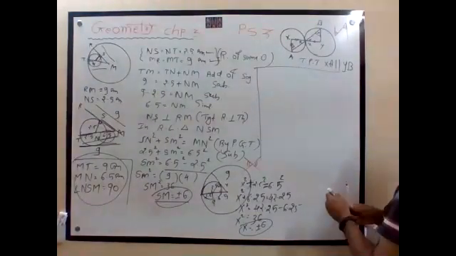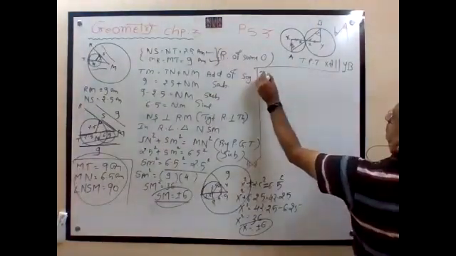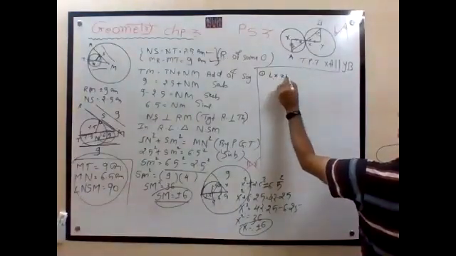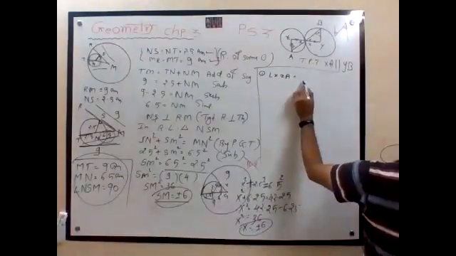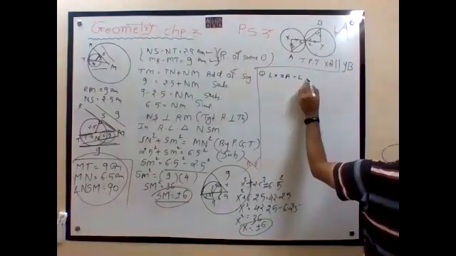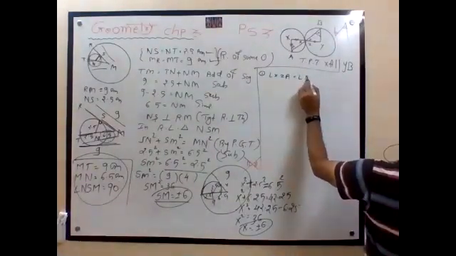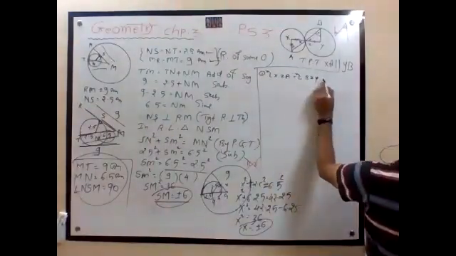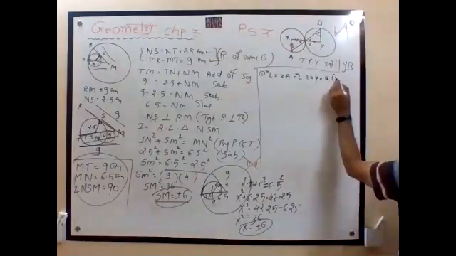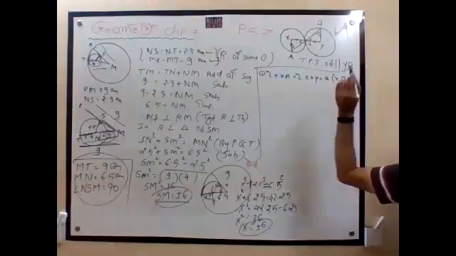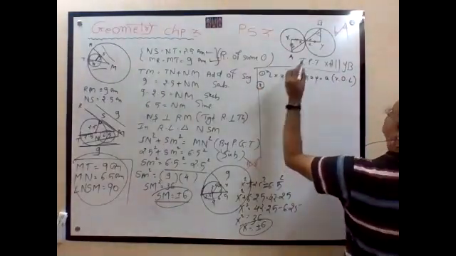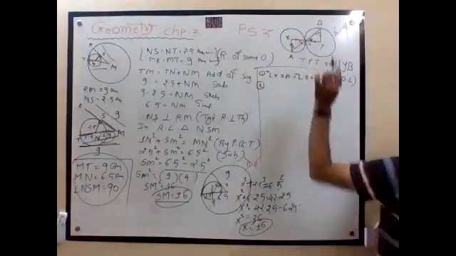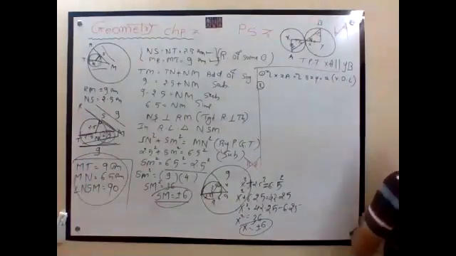So first, angle XZA is equal to angle VZY. Simple, I would write A, vertically opposite angle. Second, because X is already used.